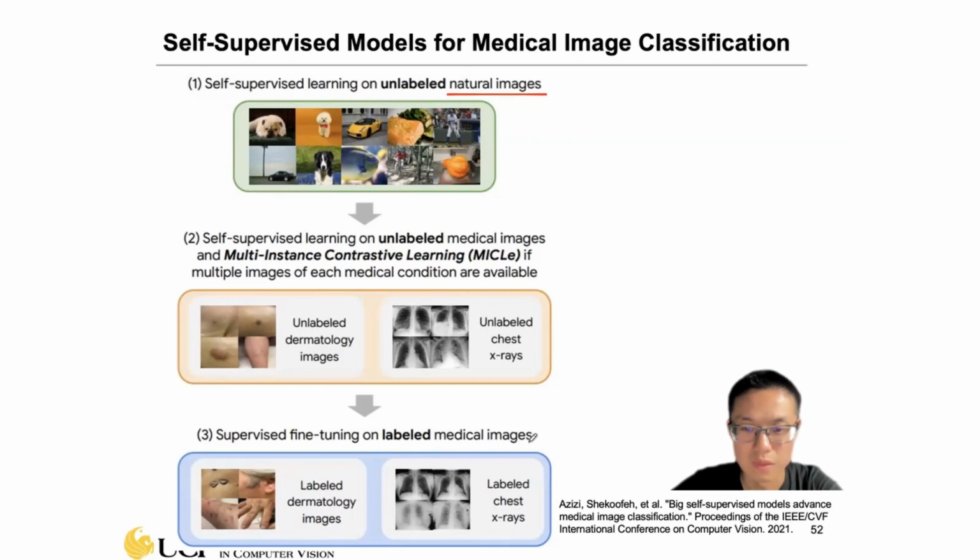In this case, we have labeled data, but compared to the unlabeled data, the number of samples can be very small, okay? But this is the final goal, because we want to do classification well on these particular data, so we can fine-tune it on this small set of labeled data.